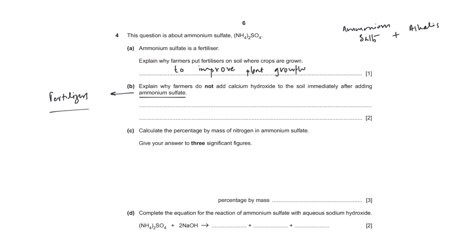Ammonium salts react with alkalis to form salt, water, and ammonia. Most importantly, ammonia.